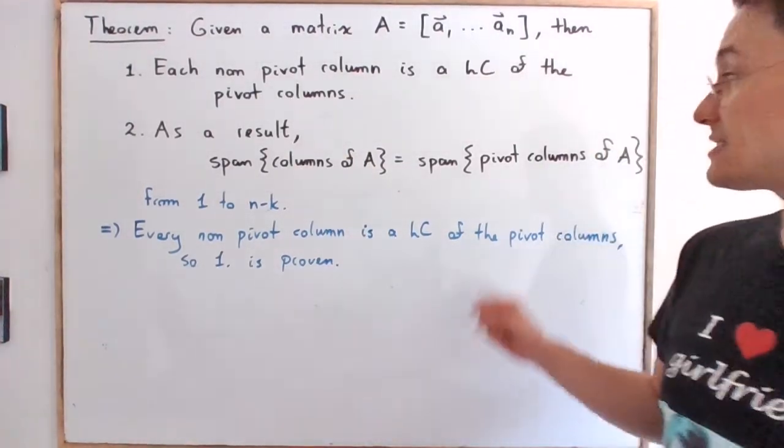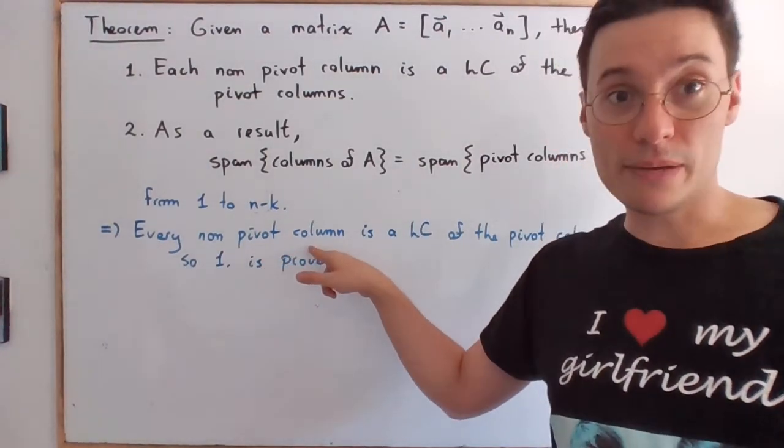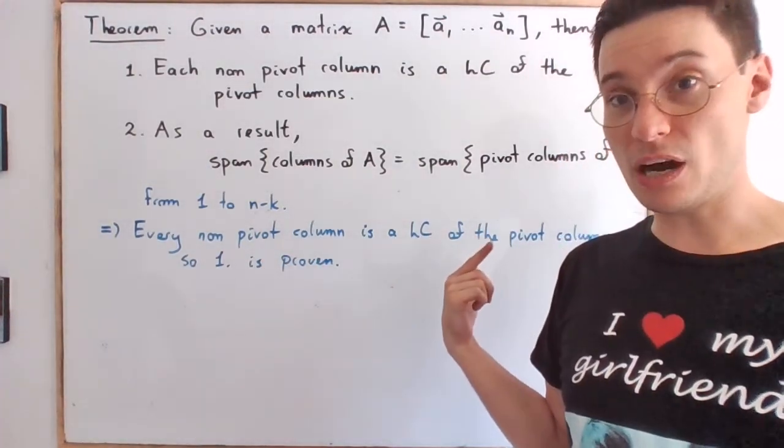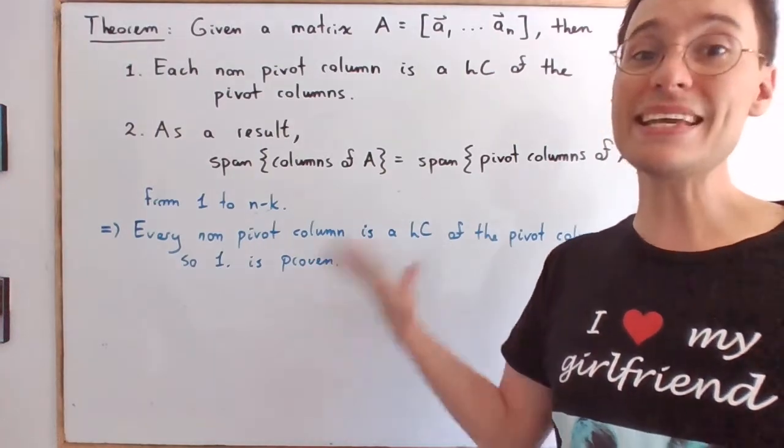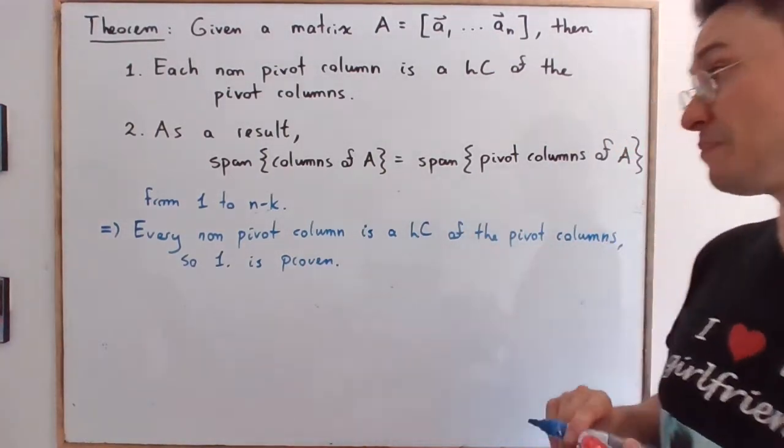What it says is that since each non-pivot column is a linear combination of the pivot columns, they can be removed from the span using the spanning set theorem.